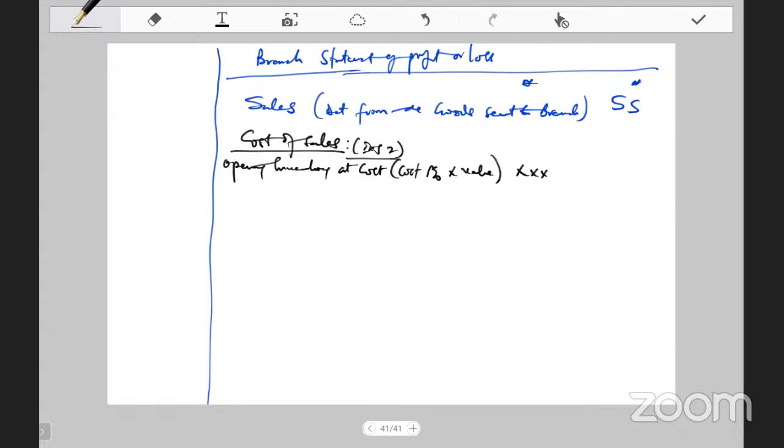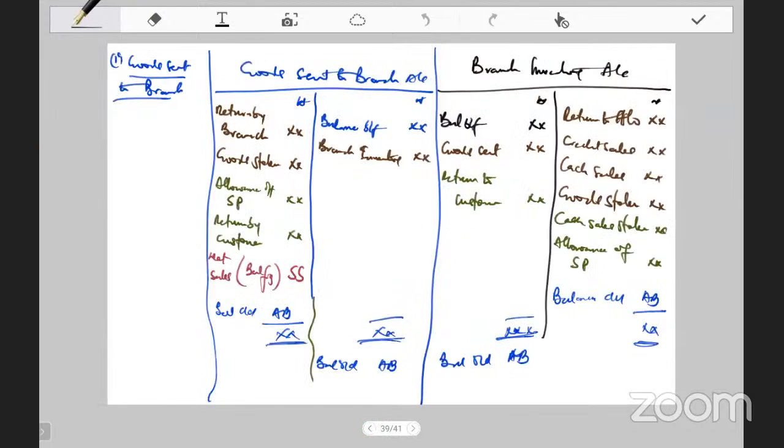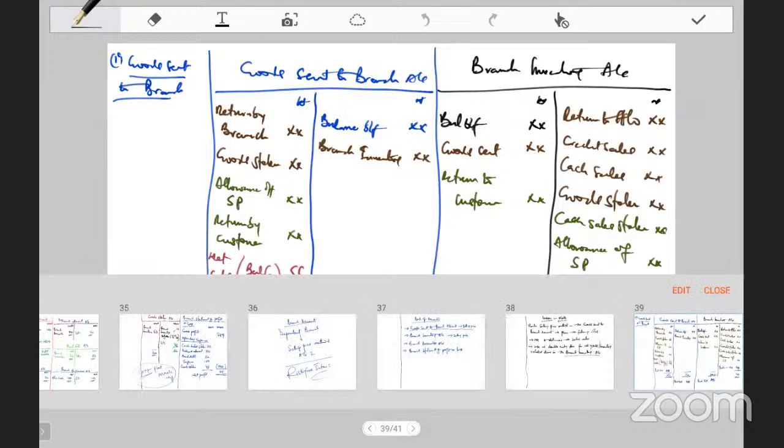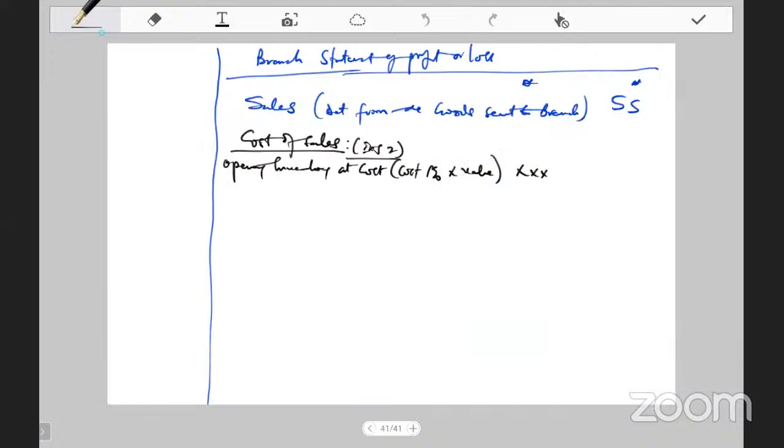So whatever is my value in my opening inventory, which is at selling price, I will have to make sure that I convert it to cost in order to get my opening inventory.